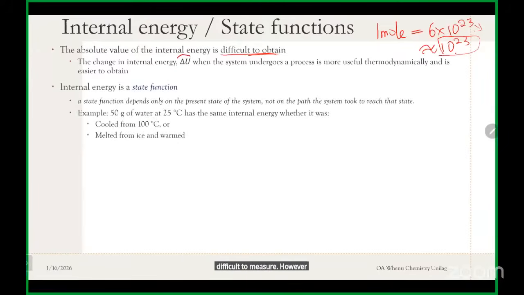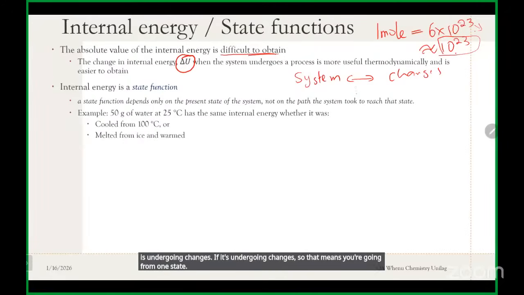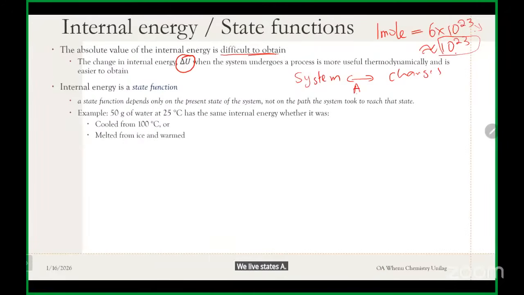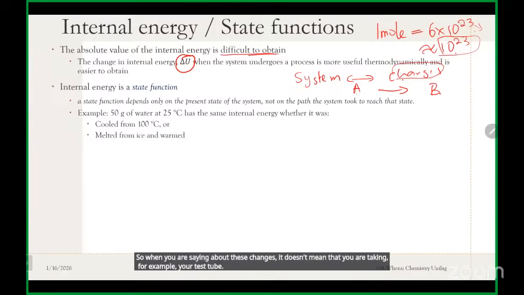However, the change is different. Your system that we are studying is undergoing changes, which means you're going from one state, which we label state A, or state 1, or the initial state, to another state B. When we say changes, it doesn't mean you're taking your test tube from one place to another.